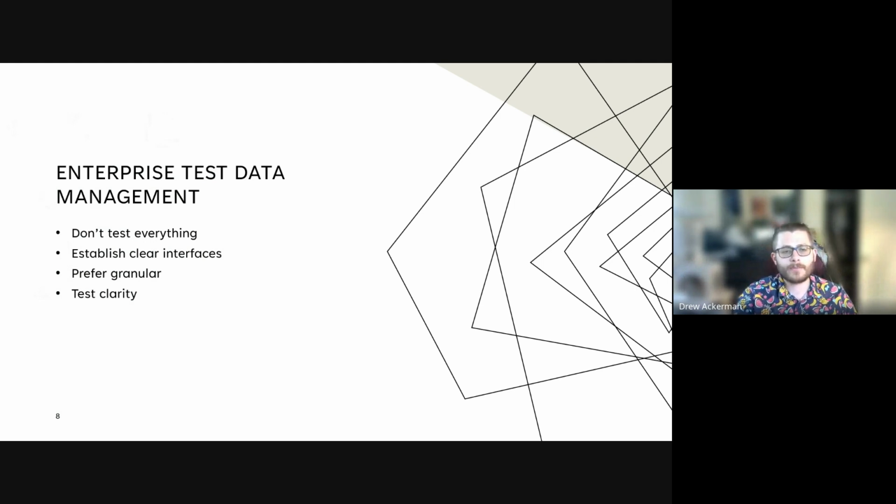You can try to establish clear interfaces. That's, again, kind of making a wall around this application, saying this is how these two talk, having tests around that, and trying to carve up the areas that you know aren't going to change.